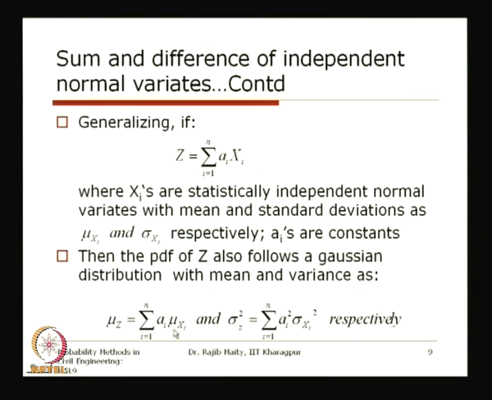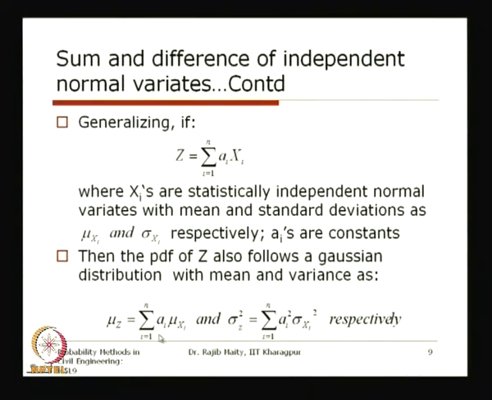If we multiply a normal distribution by a scalar, its mean is multiplied by that constant, as we saw when discussing expectation. So the mean will be the summation of a_i mu x_i for i from 1 to n. The variance will involve a_i squared.